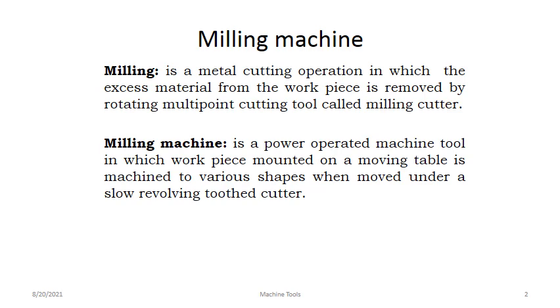Multi-point cutting means the cutting edge of the tool contacts the workpiece at more than one point: 2, 3, 4, 5, 6. To extract the material from the workpiece, it is called a multi-point cutting tool. Clear this point?